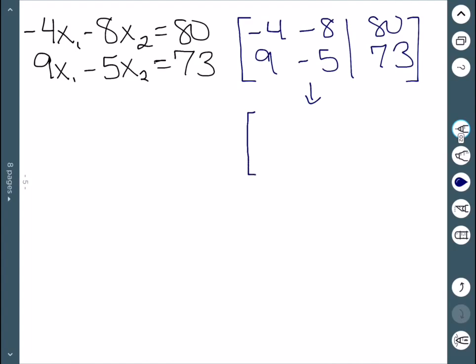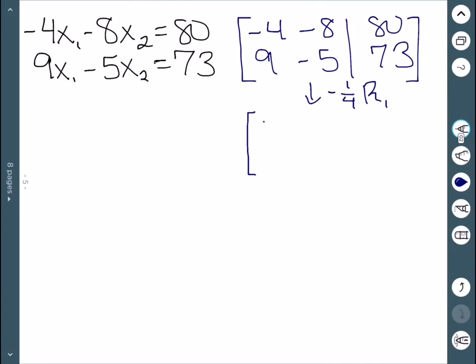And whenever we want to get a 1, we're going to do one of 2 things. Most of the time, we're going to use our scaling operation, the one that says we can multiply a row by a non-zero constant. In this case, I'm going to multiply the first row by -1/4. And this is our shorthand, -1/4 R1.